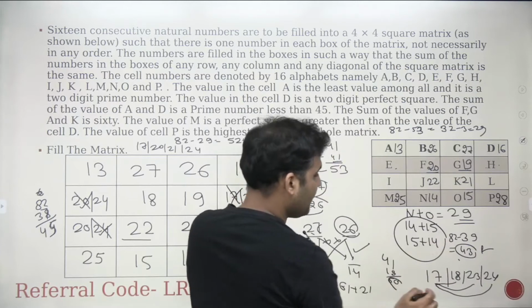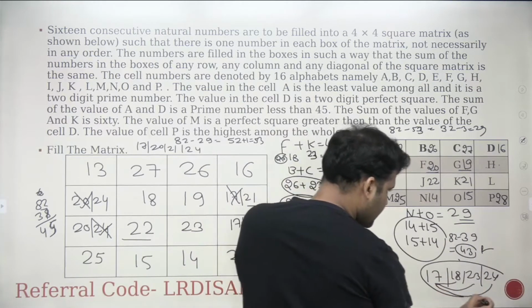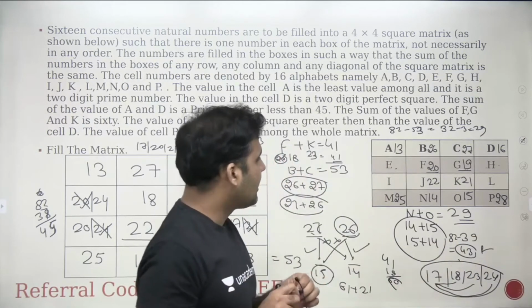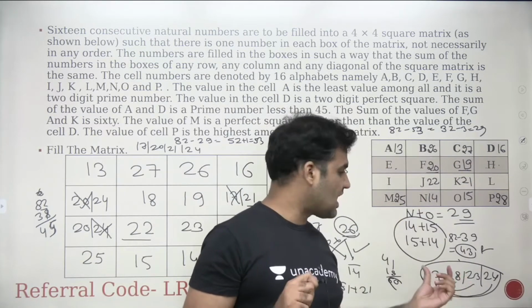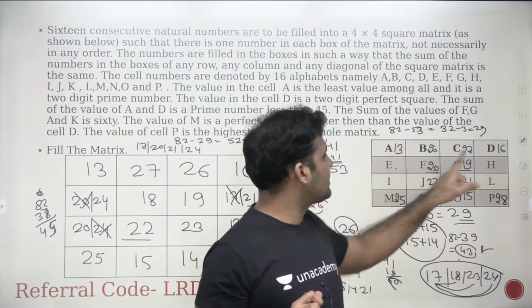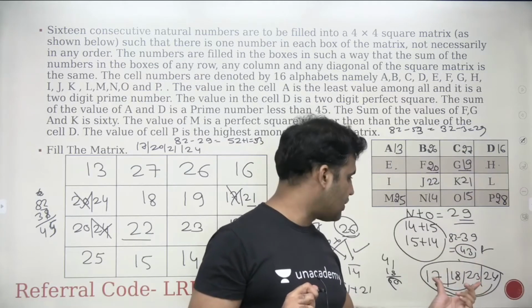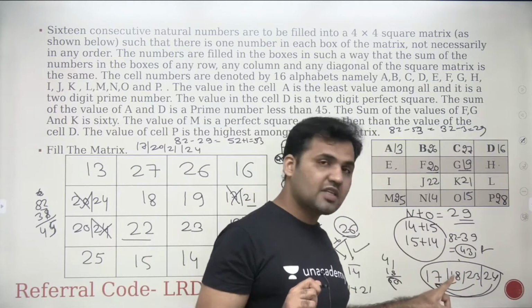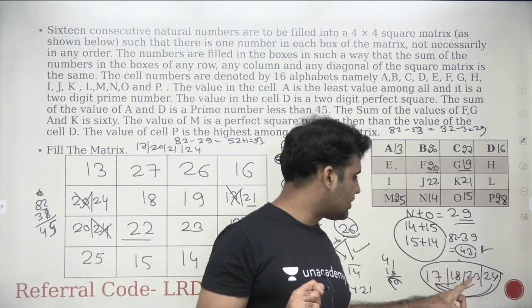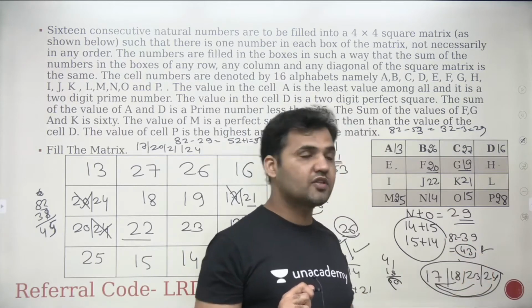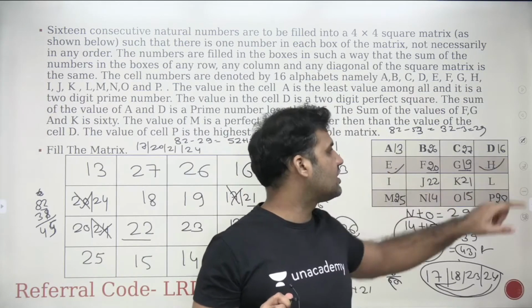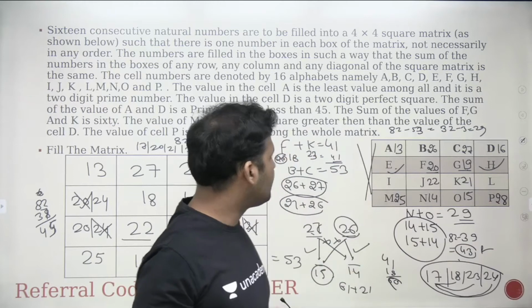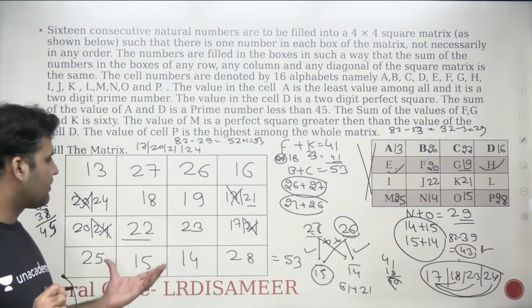These are the only two options left, and none of these two values gives me the sum as 43. So whatever options I'm left with, I need two such numbers where E plus H should be equal to 43 and that is not possible here. 17 plus 18 is 35, 17 plus 23 is 40, 17 plus 24 is 41. So it's not possible for me to make the summation here as 82. Therefore this case is eliminated and this is my perfect case.